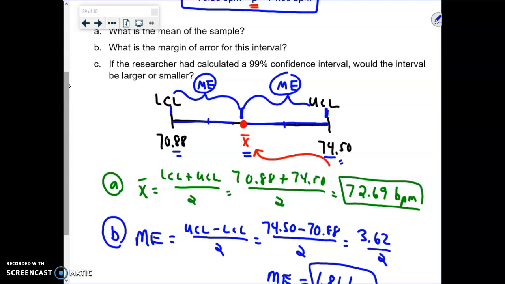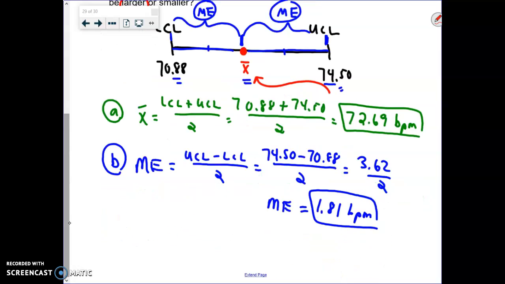You're increasing your level of confidence, which increases your critical t-value, which means your margin of error should also increase. In other words, it gets wider. You increase that level of confidence because more intervals have to include the population mean, so they need to be longer or larger. So your answer to C is larger. You increase the level of confidence, it makes your interval larger, or you could say wider.